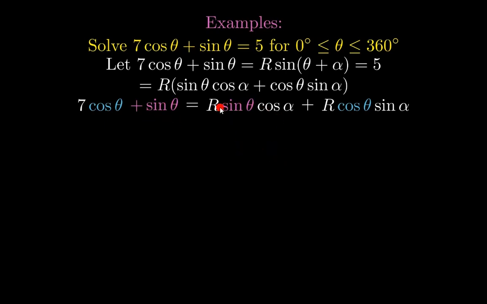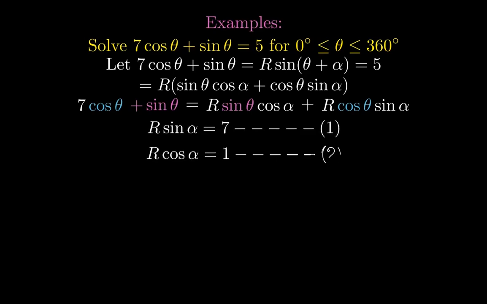That means that I can say that r cos alpha is equal to 1, and also r sin alpha is equal to 7. We look at r sin alpha and the 7 as the terms in cos theta. So we come to this: r sin alpha equal to 7 and r cos alpha equal to 1.